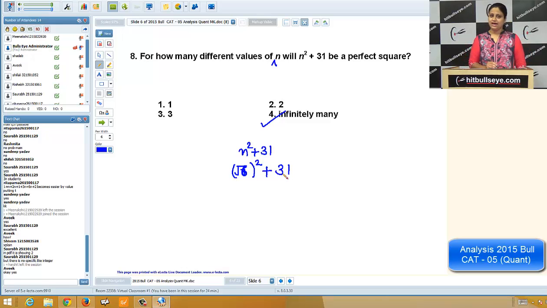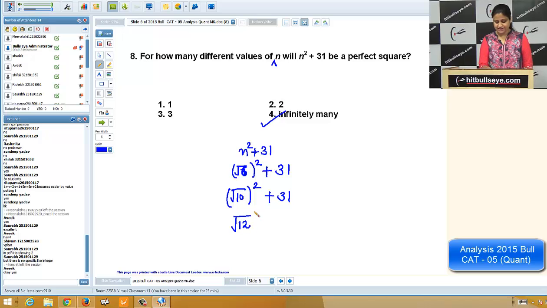We know 41 is a perfect square, we can take n as root 10 as well. We know 43 is a perfect square, we can take n as root 12 and so on. So there can be infinitely many values.